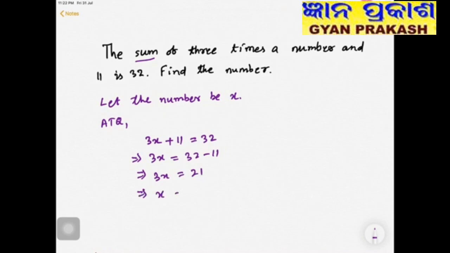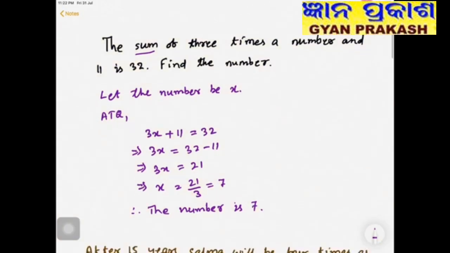Imply that x equal to 21 divided by 3, that is equal to 7. Therefore the number is 7. Okay, we have found the number.